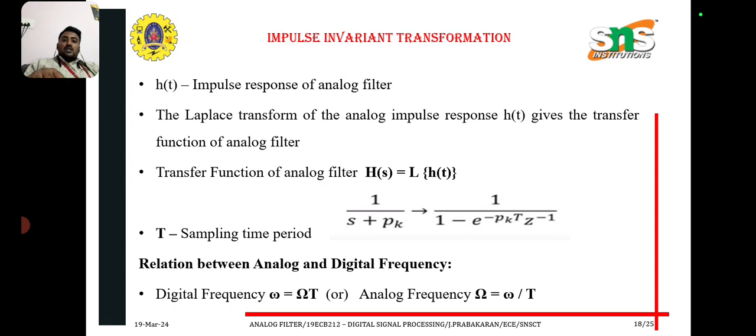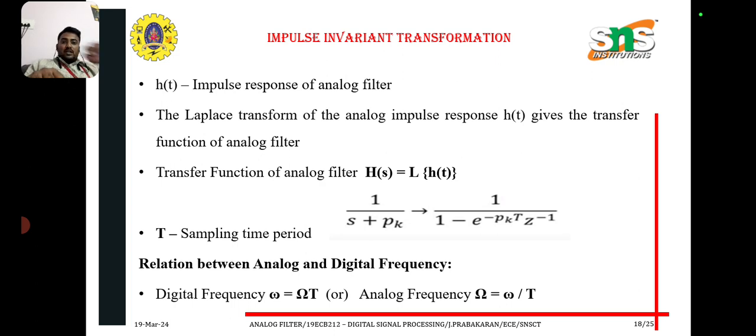That means 1 divided by (s plus p_k) maps to 1 divided by (1 minus e^(-p_k T) z^-1), where capital T is the sampling time period, and the relation between analog and digital frequency is omega equal to Omega T, and analog frequency Omega equal to omega divided by T.